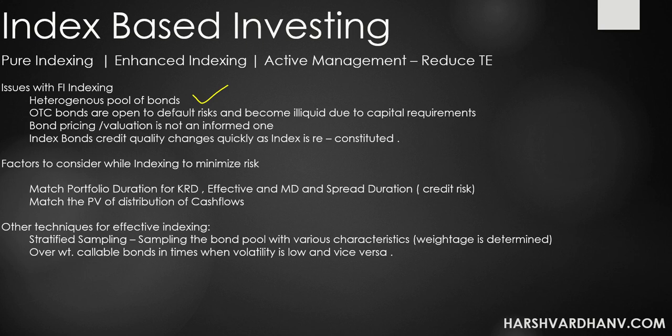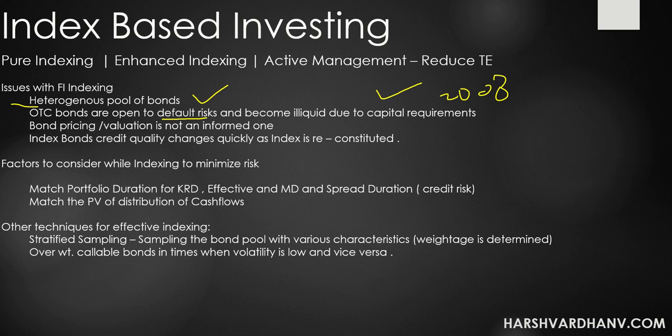An issuer will not have more than one equity. If he has two companies, he can have two equities. Otherwise, he'll always have one equity listed in the market. But a single issuer can have more than 100 or 200 bonds in the market. So each bond is different for an issuer. OTC bonds are open to default risk. We know that because of the capital requirement after 2008.